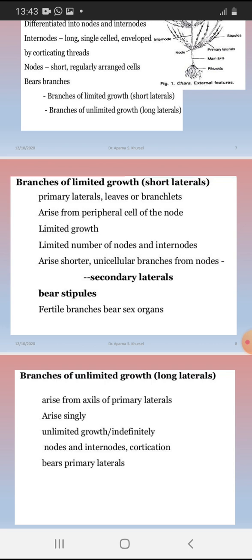Branch of limited growth, they are also called primary laterals or leaves. They show limited growth and they do not bear nodes and internodes. Sometimes they bear stipules.